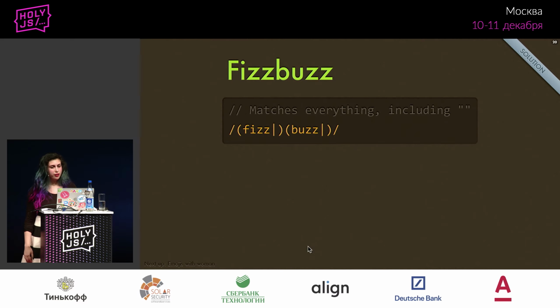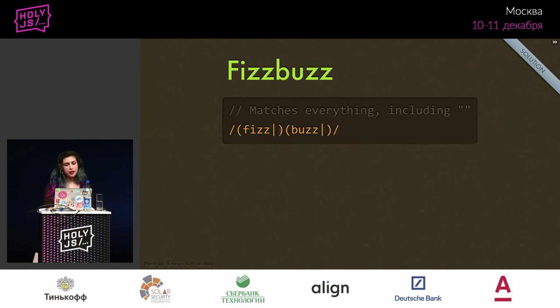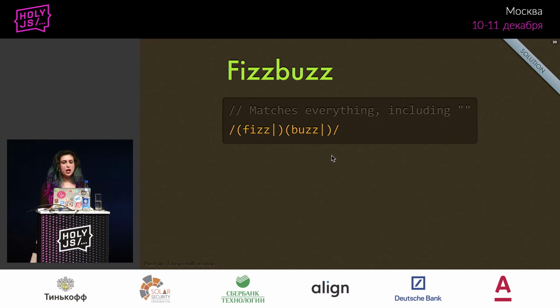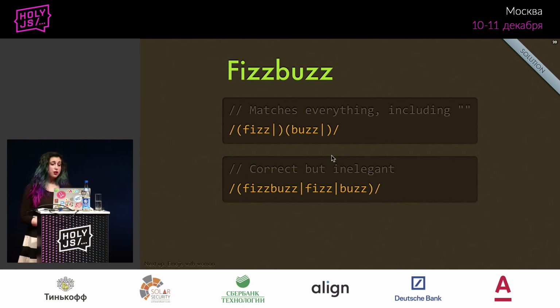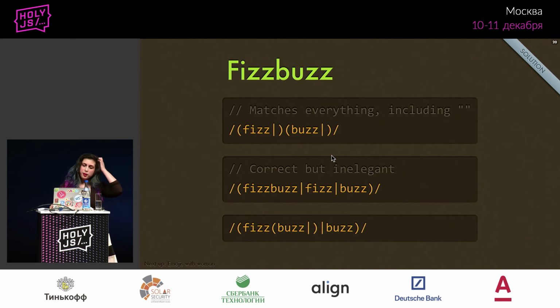However, that would match everything, even things that don't contain either fizz or buzz, because you can match the empty string here and here, so basically even the empty string matches this, including pretty much anything else. This is correct, but a bit inelegant. This is probably a little bit better, because at least you didn't have to repeat fizz, you only had to repeat buzz. But both are correct.